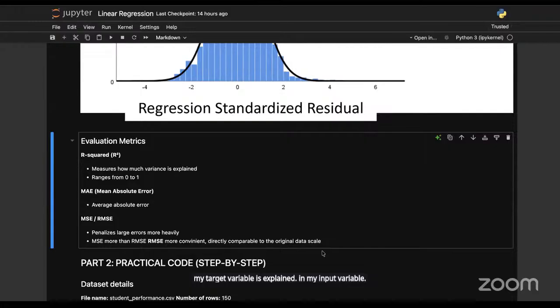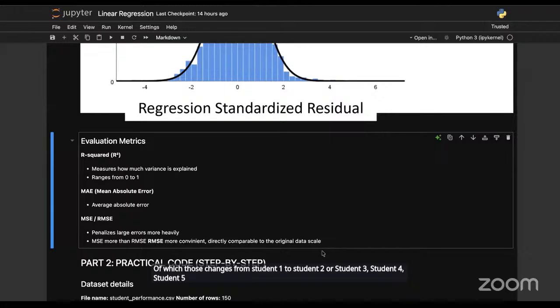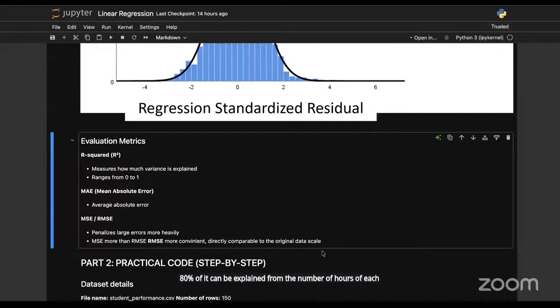So those changes that we see in our exam marks, from student 1 to student 2 or student 3, student 4, student 5, 80% of that change can be explained from the number of hours each student has spent studying for the specific exam. All right. So that's what our R squared means.